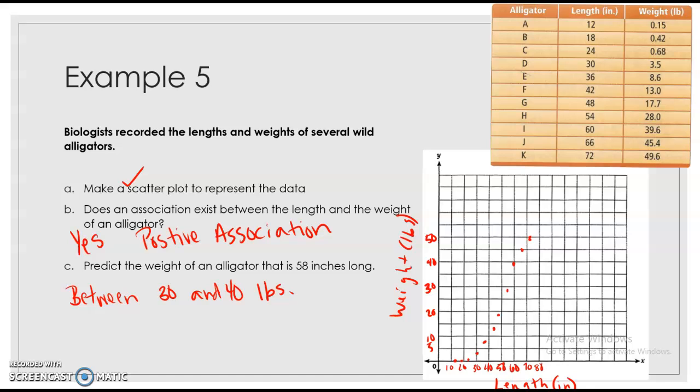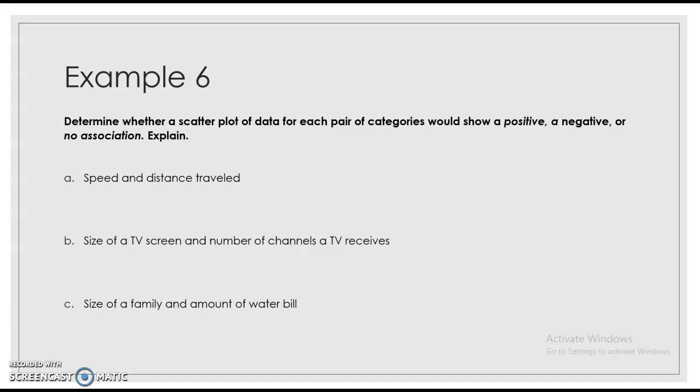All right, we have another example to go through. In this one, we don't have a graph to look at. Knowing the information, we can still decide whether or not it's going to show a positive, negative, or no association. So looking at our first one, we have speed and distance traveled. So you just think about it. If I drive faster, does my distance traveled increase or decrease?